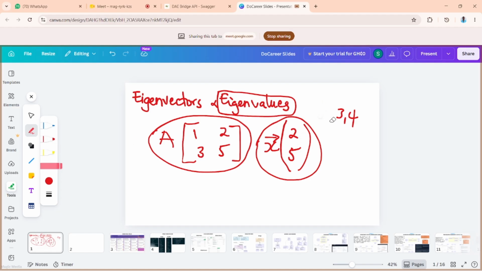So for this particular matrix, they can ask you to confirm if 3 is an eigenvalue of this matrix, or if you think this vector is an eigenvector of this matrix. You follow some procedures to confirm that particular thing.